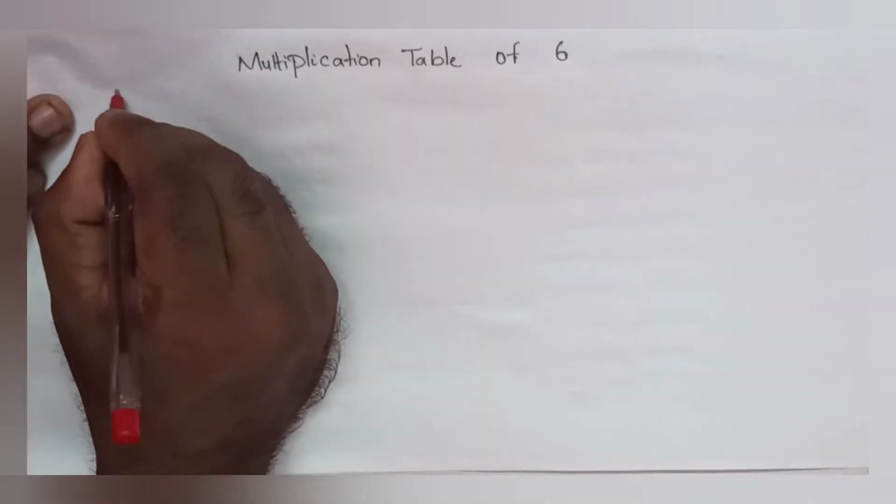Multiplication table of 6. Let me see how to do this table in the easiest way. First of all, table 6 can be done with the help of table 5.